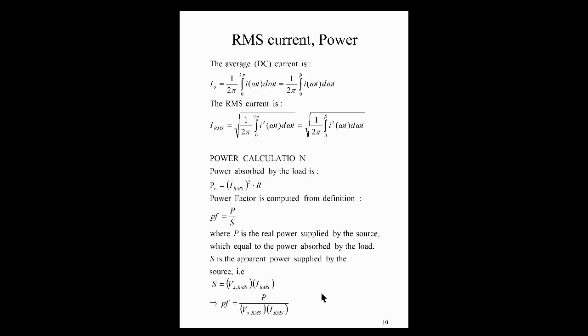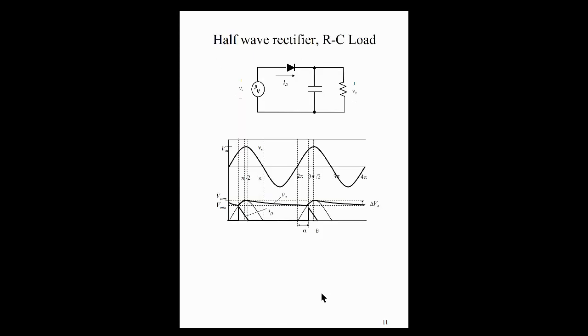So I finish here. That's it for the case of the resistive inductive load for uncontrolled rectification. We'll now look at the case of the resistive capacitive load for uncontrolled rectification.